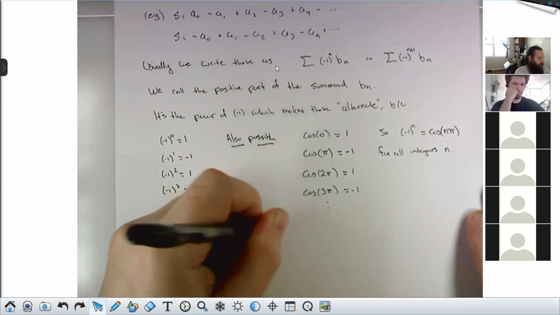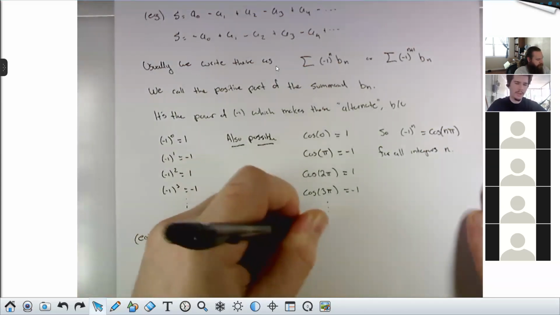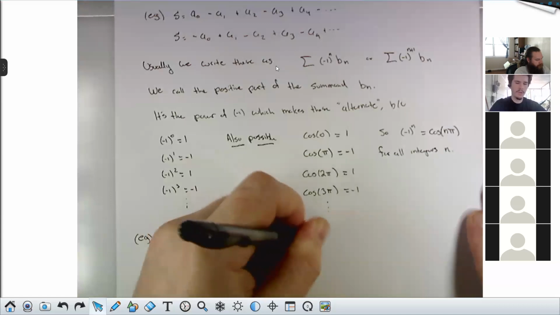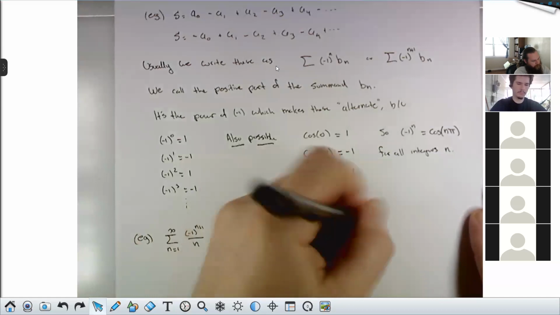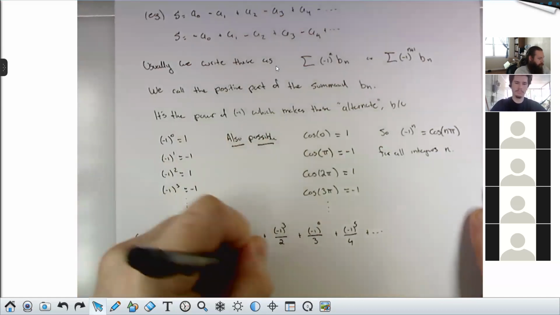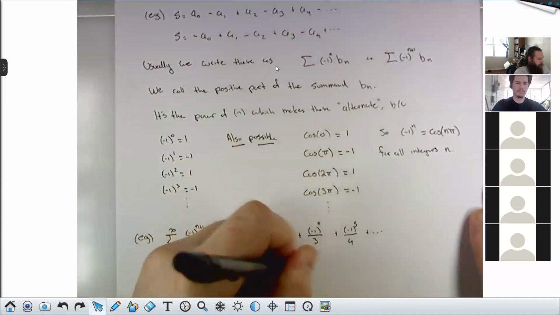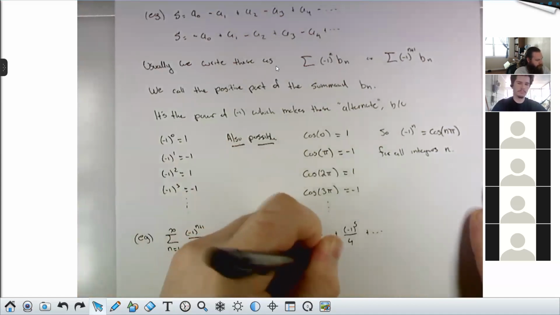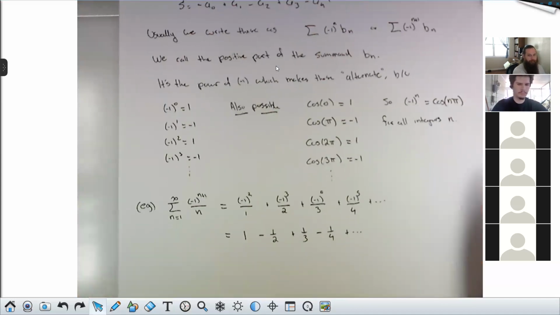And then the next term is (-1)^3 over 2. And then the next term is (-1)^4 over 3. And then (-1)^5 over 4, and so on, which is 1 minus 1/2 plus 1/3 minus 1/4, and so on.